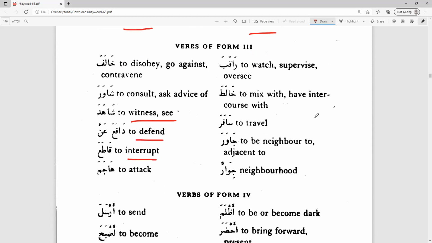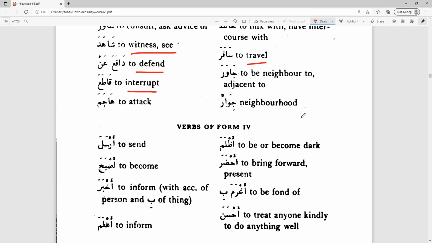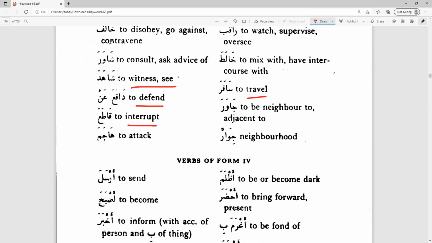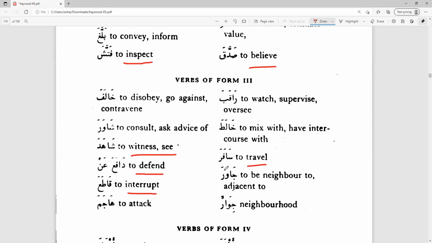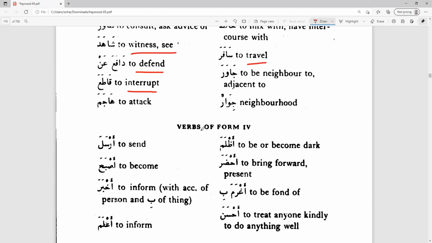Khalata means to mix with, have intercourse with. Safara, to travel. Jawara means to be neighbor to or adjacent to. Jiwarun, neighborhood. If you look at some of these, they seem to have a meaning relationship to another person, like jawara, to be neighbor or adjacent to.